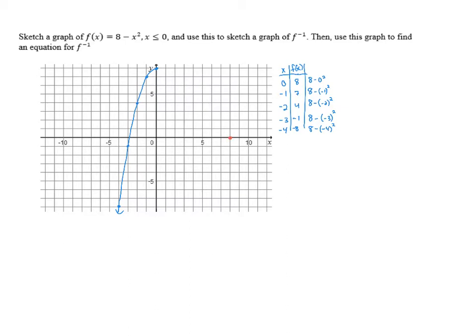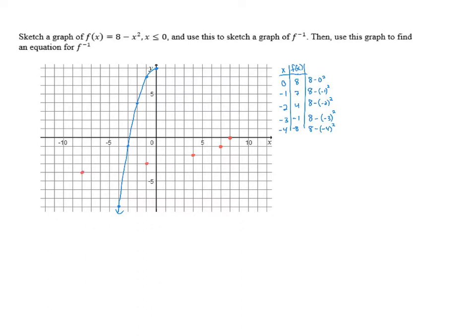Instead of (-1, 7), we're going to have (7, -1), which is right here. Instead of (-2, 4), it's going to be (4, -2). Instead of (-3, -1), it's going to be (-1, -3). And instead of (-4, -8), it's going to be (-8, -4).